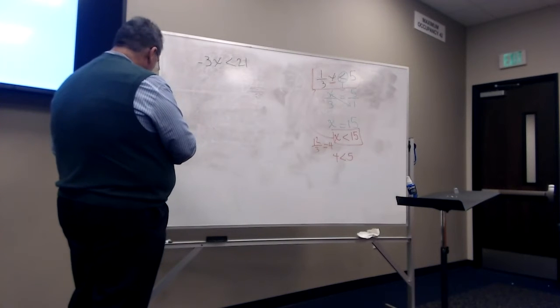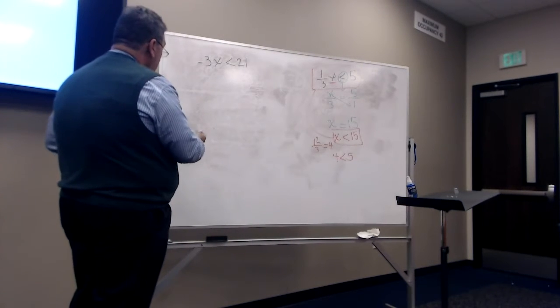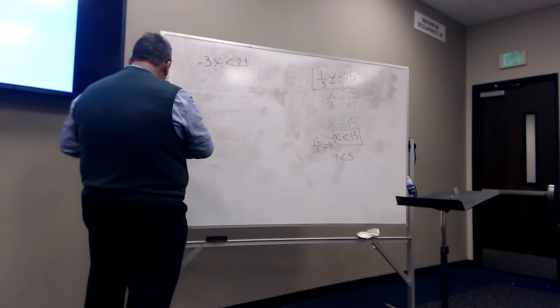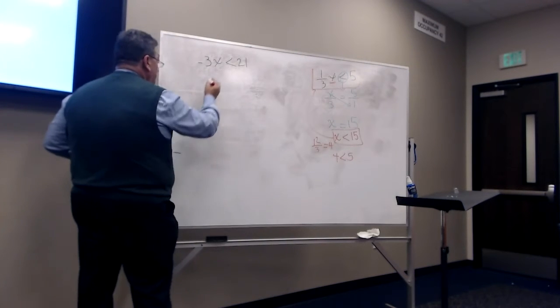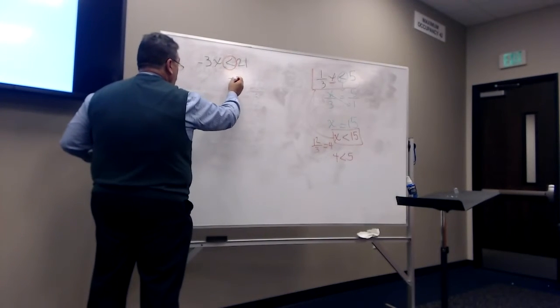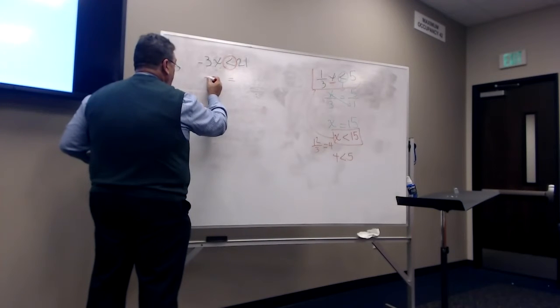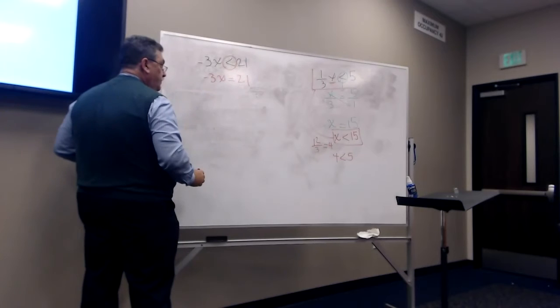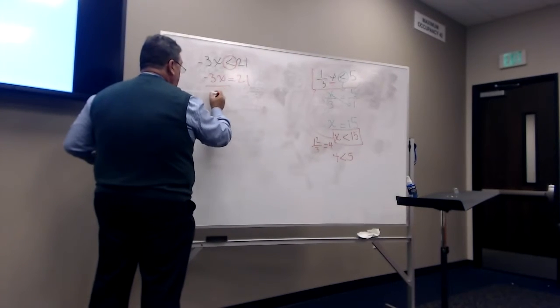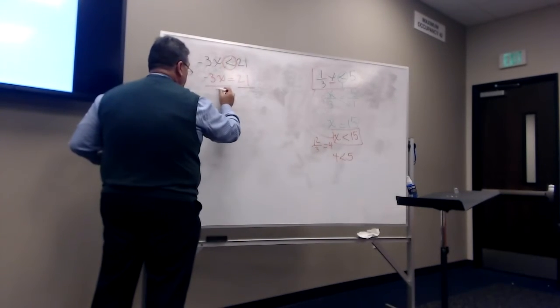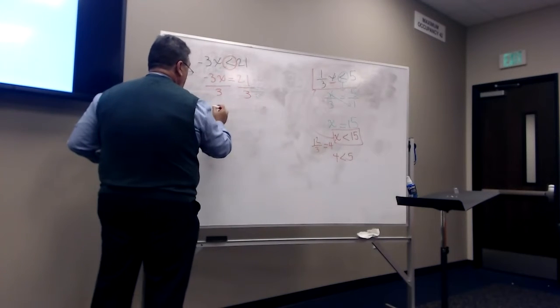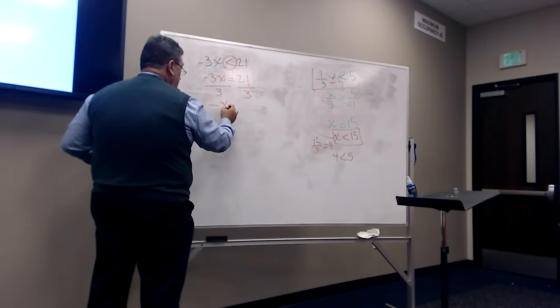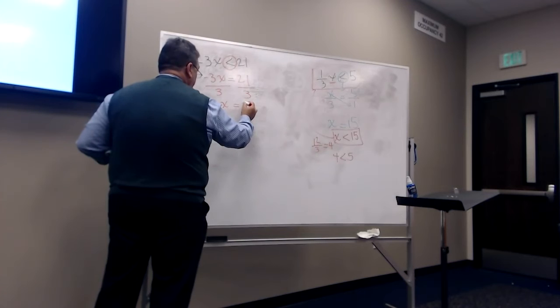Let's see. First, again, I will say, assume this is an equality. So I have minus 3x equal to 21. All right? Divide both sides by 3. You get minus x is equal to 7.